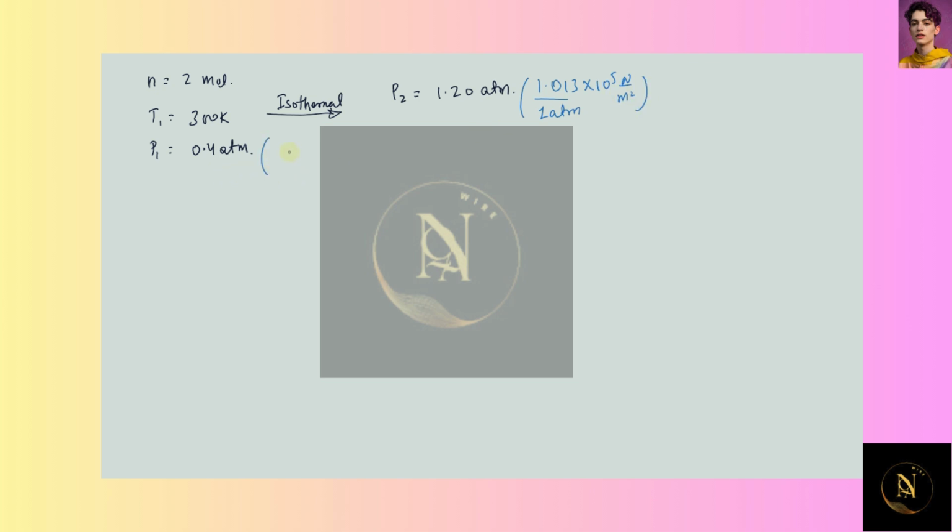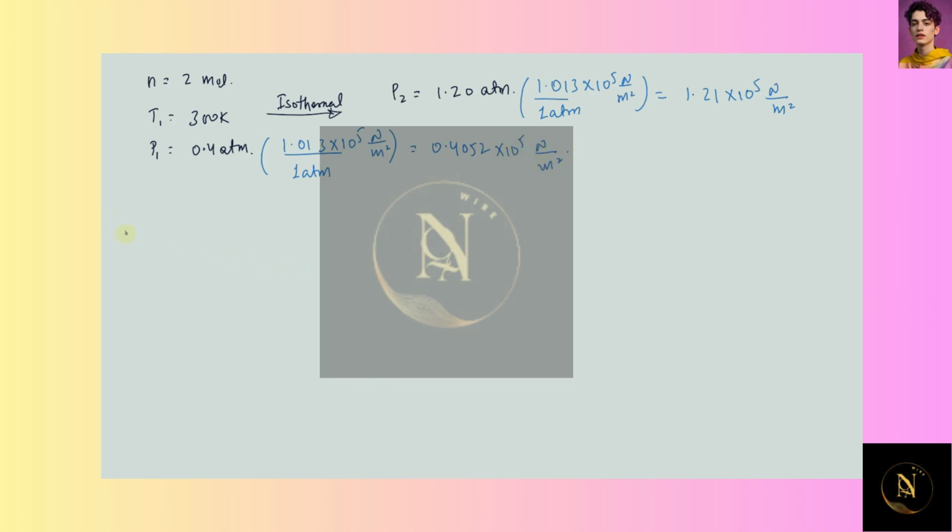After solving this, we'll get 1.21 into 10 to the power 5 Newton per meter square for the final pressure, and 0.4052 into 10 to the power 5 Newton per meter square for the initial pressure.